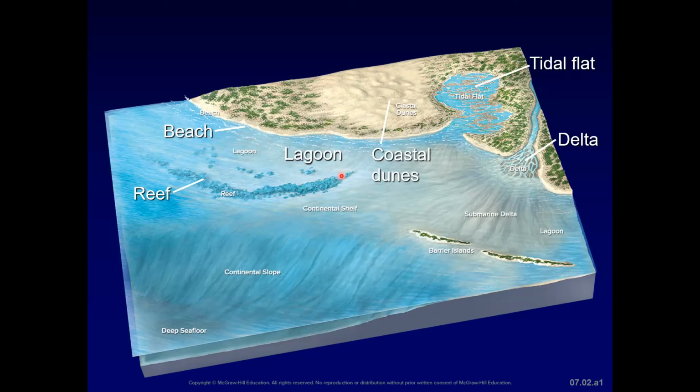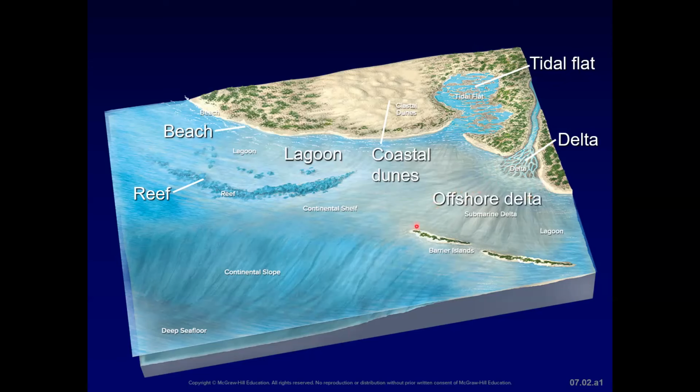In the lagoon, finer sediment. In the reef, thinking about calcium carbonate, limestone, remains of coral, or shells from creatures. Tidal flat's going to have really fine sediment like mud. The delta will have some combination of fine sediments and larger sediments.